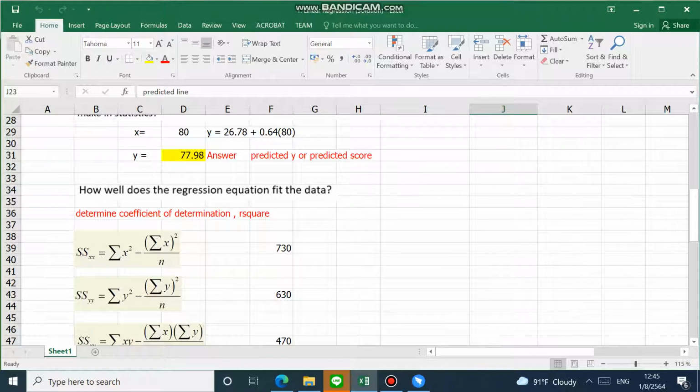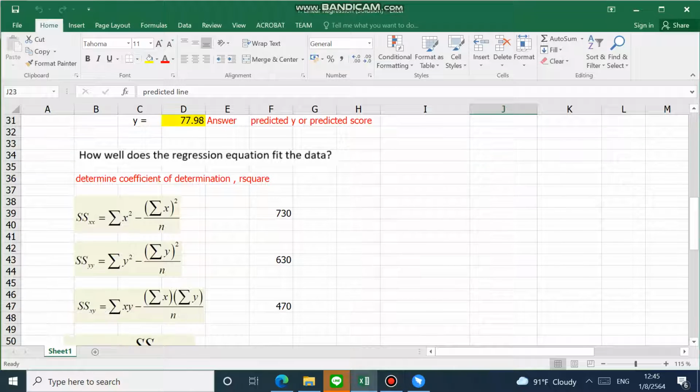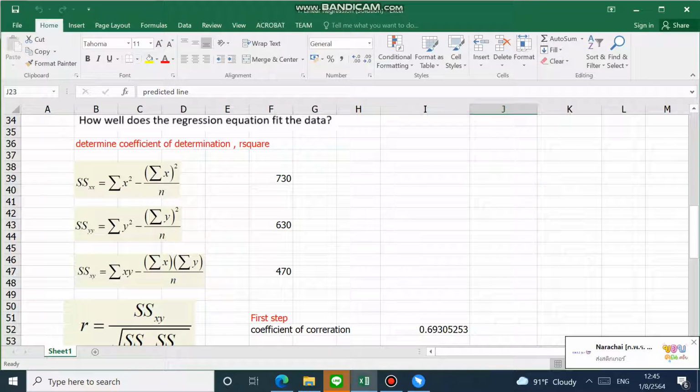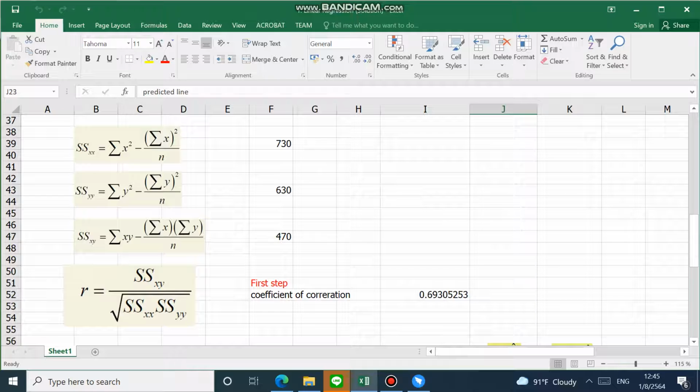To answer the second question, how well does the regression fit the data? You have to compute coefficient of correlation. So we have the formula, r equal to ssxy divided by square root of ssxx times ssyy.